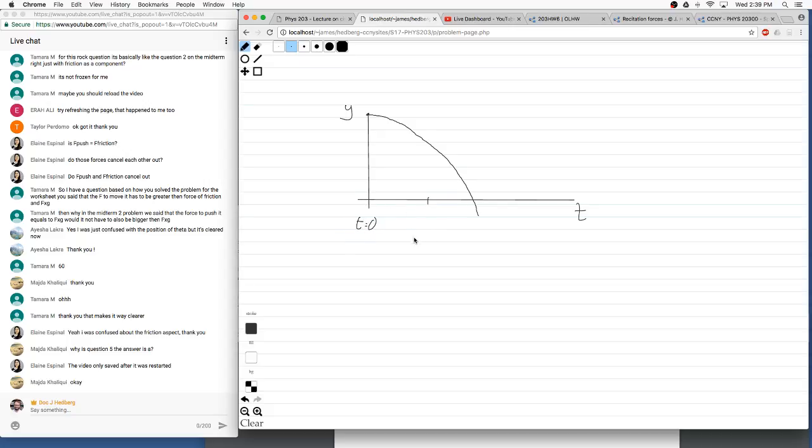Then at some later time, I'll say t equals t1, that's when I drop the second rock. It should look exactly the same shape as it goes down. I'll do it in a different color. Everywhere along here, this would be the distance between the two rocks at this time t1.